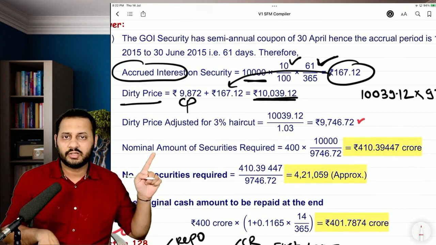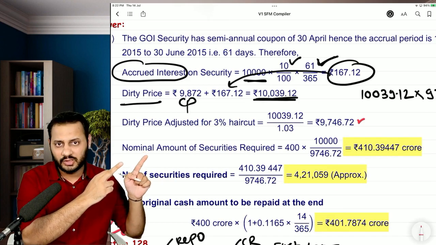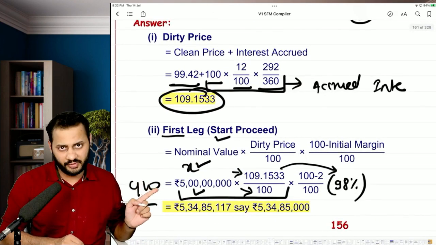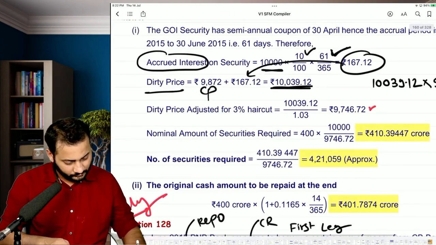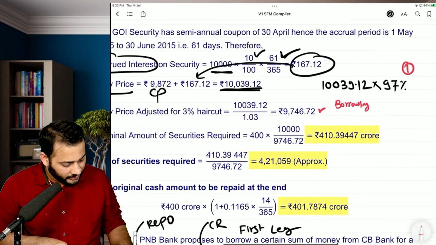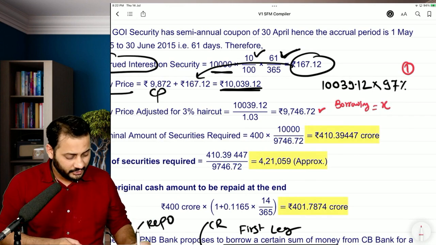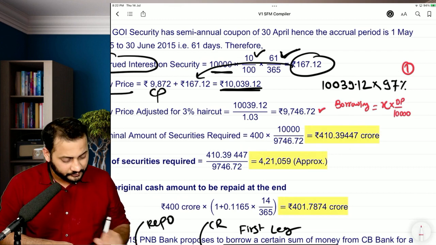Now they started calculating the nominal amount. You might not understand this formula, but if you put down the figures in this formula, you will get to know about it. Let's do it. What was our formula? Amount of borrowing was put on the left hand side. Then this is X, the nominal amount that we require, into dirty price divided by the face value, which is 10,000.